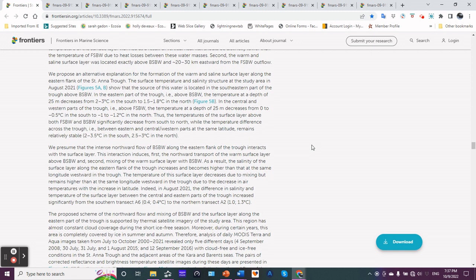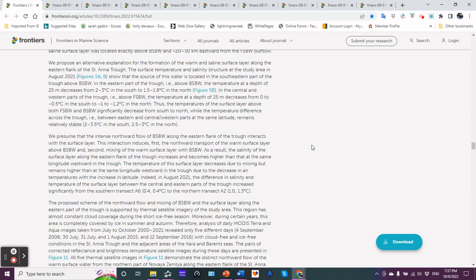In the central and western part of the trough above FSBW, the temperature at a depth of 25 meters decreases from 0 to minus 0.5 in the south to minus 1 to minus 1.2 in the north. Thus, the temperatures of the surface layer above both FSBW and BSBW significantly decrease from south to north, makes sense, while the temperature difference across the trough between east and west at the same latitude remains relatively stable.